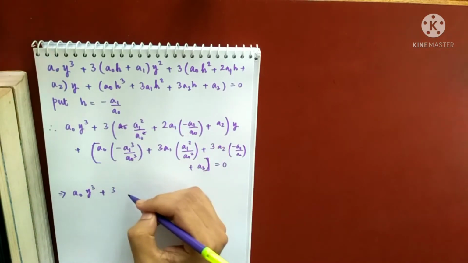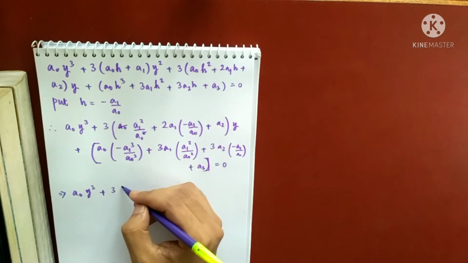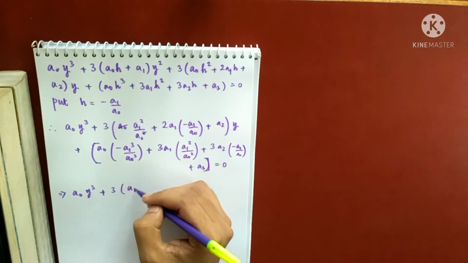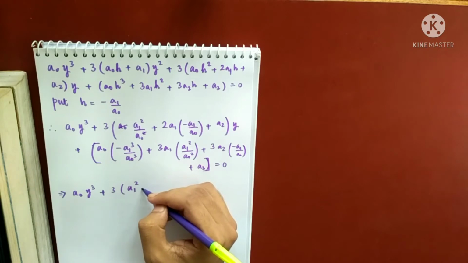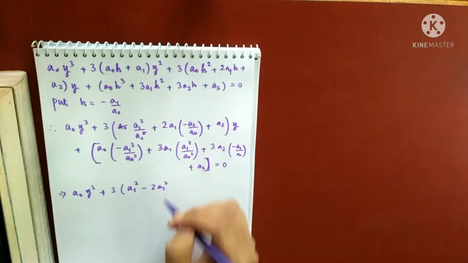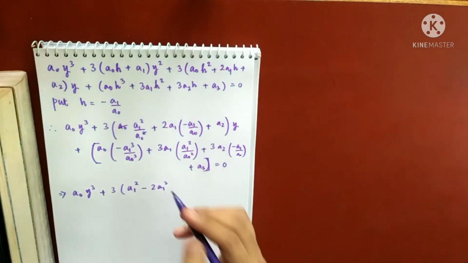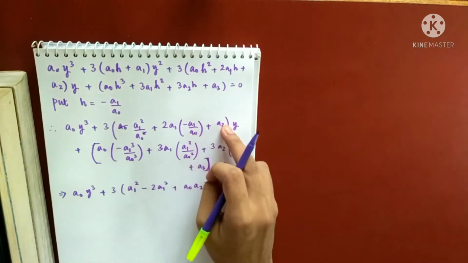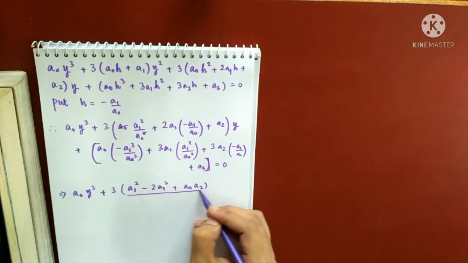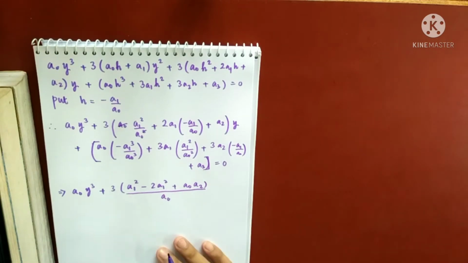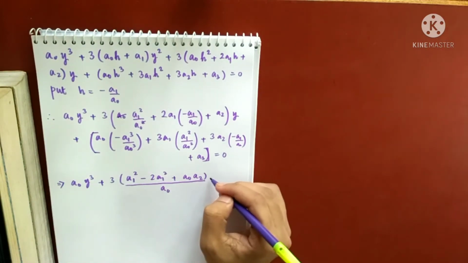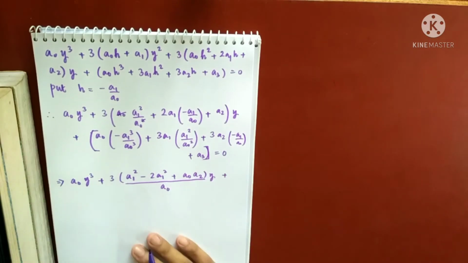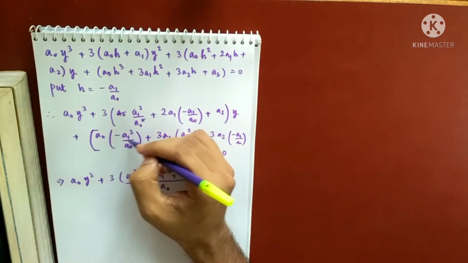So 3 times, in the numerator, a1 square minus 2a1 square plus a naught a2, and this a naught will go here, by a naught, y plus, so here I'll remain with 2 a naughts.